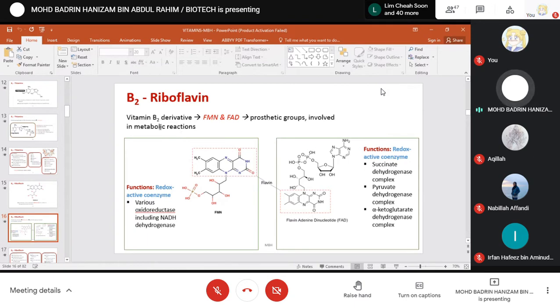All right. For example, here FMN functions as a redox active coenzyme for various oxidoreductases, including NADH dehydrogenase, while FAD is the redox active coenzyme for succinate dehydrogenase complex, pyruvate dehydrogenase complex, alpha ketoglutarate dehydrogenase complex.